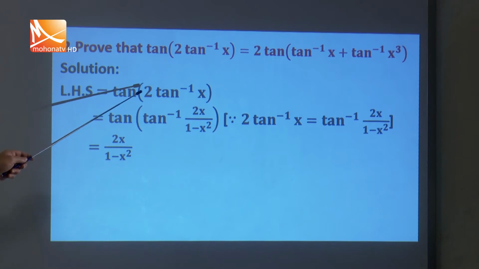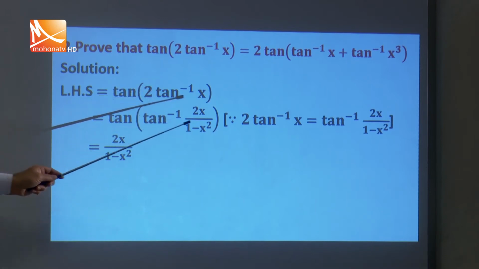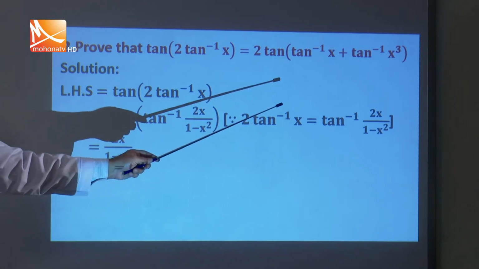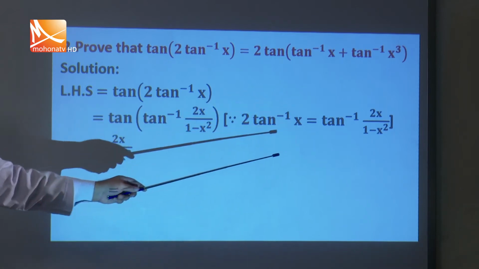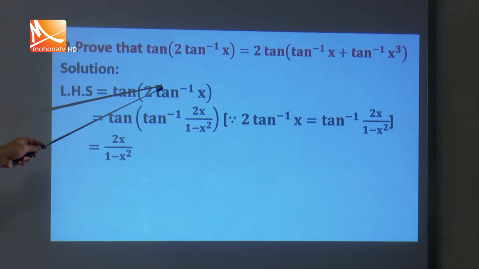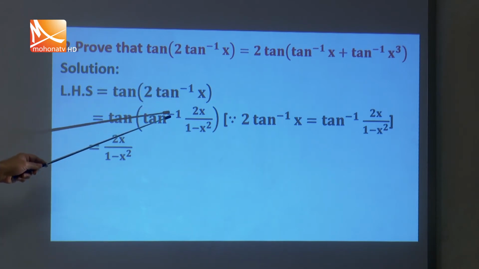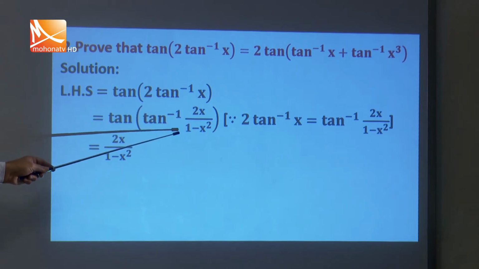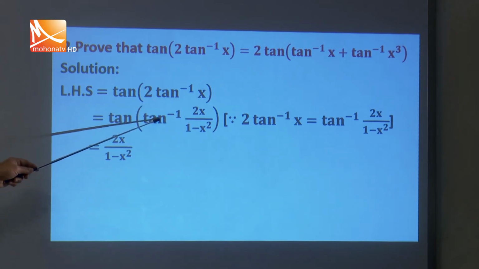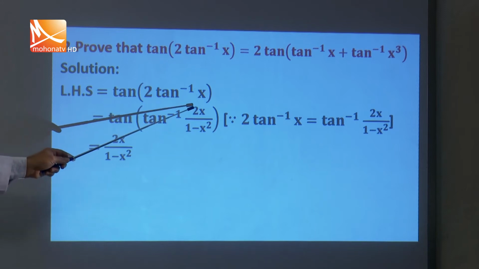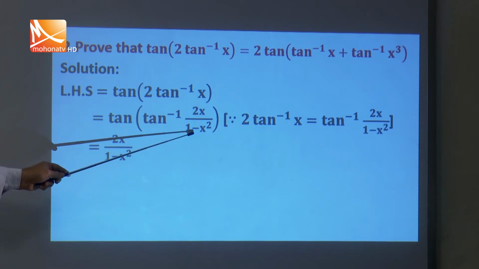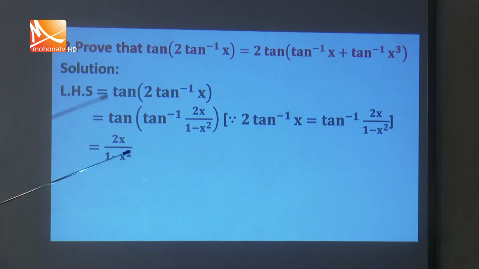We have already learned this formula: 2 tan inverse x equals tan inverse 2x by 1 minus x square. That's why we rewrite it in this form. The tan and tan inverse will be omitted, so only 2x by 1 minus x square will remain. So the left hand side will be 2x by 1 minus x square.